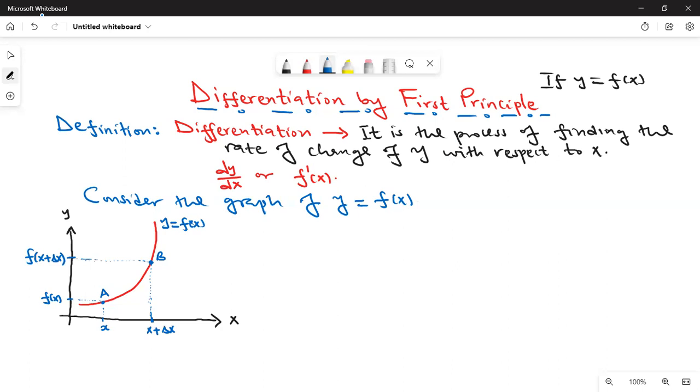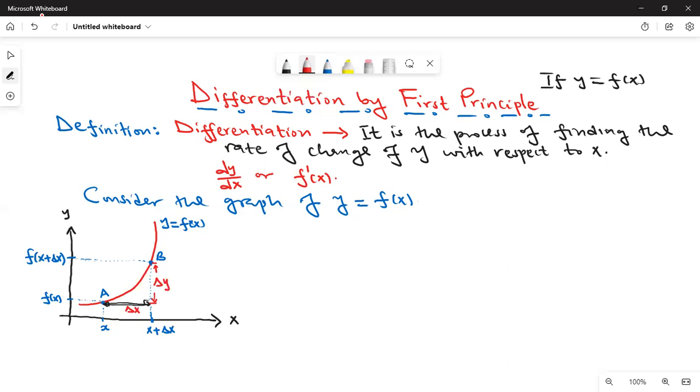Now this distance, from here to here, is the change in x. That is what I'm calling the change in x. And this other corresponding distance, the vertical distance from here up to here, that will be change in y.